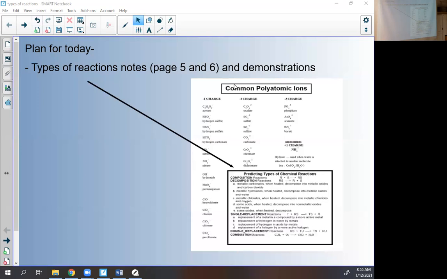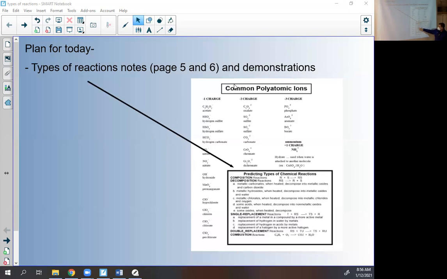Lots of demos today, so I'm going to be messing around with my camera and whatever. We'll see how it goes. So we are going to learn about 5 different types of reactions. They're in the notes on page 5 and 6, but they're also in this box, which is super nice because this box you get to use on the test.